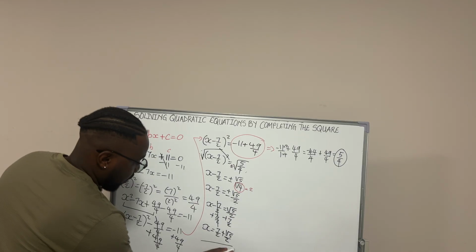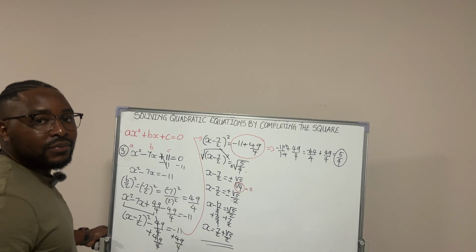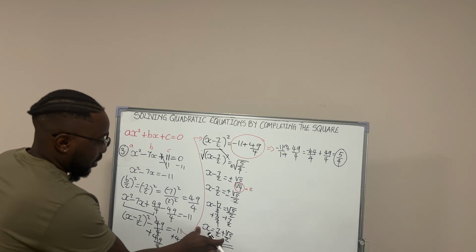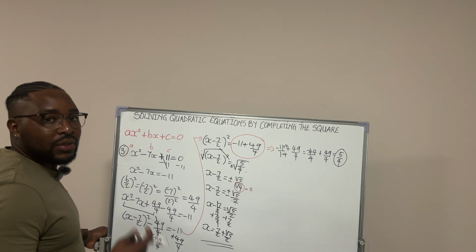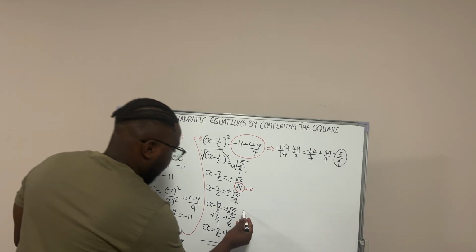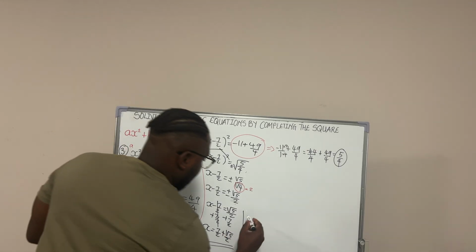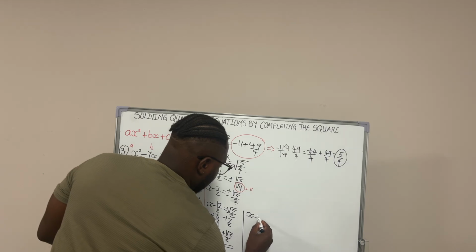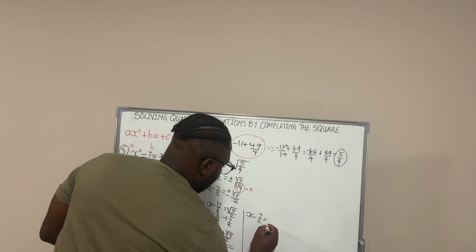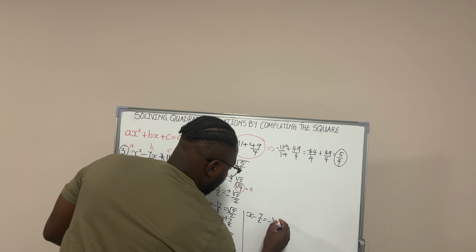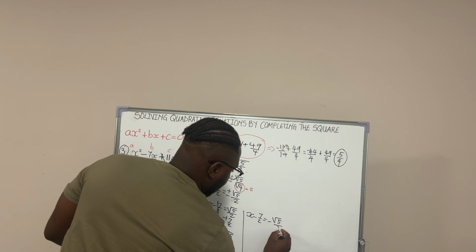Okay? That right there is our first solution. Let's deal with the negative part, okay? X minus 7 over 2 equal to negative the square root of 5 over 2.